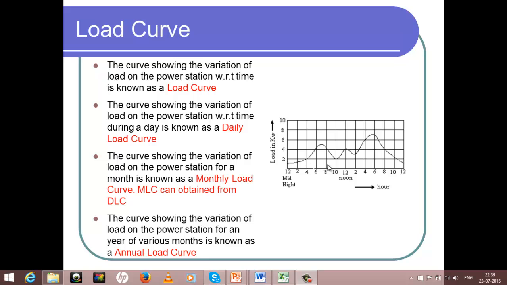If you see here, this is the minimum load point that it always observes. Also from this same load curve, we can get the energy consumed on that particular day. The area under this curve is the total amount of energy consumed on that particular day.